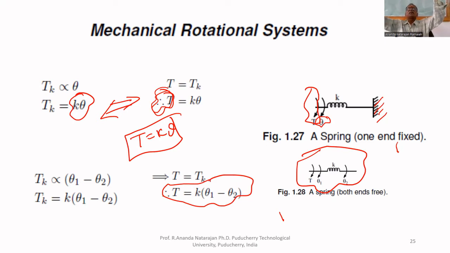One end displaces by an angle theta 1, followed by theta 2 at the other. Therefore, the net angular displacement in the spring is theta 1 minus theta 2. Therefore, T equal to k(theta 1 minus theta 2). This is the rotational system.